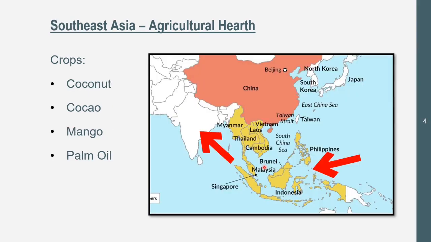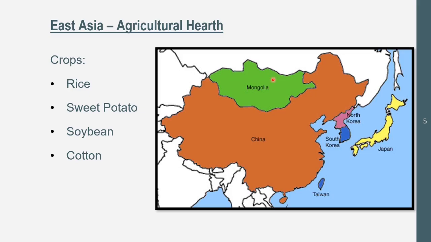And then, of course, I should have put an arrow going upwards to China, North Korea, and Japan. So stuff went there as well. So coconut, cacao, mango, palm oil, and rice diffused from the hearth of Southeast Asia to China, North Korea, and Japan. Now let's get into East Asia, which is our third agricultural hearth.